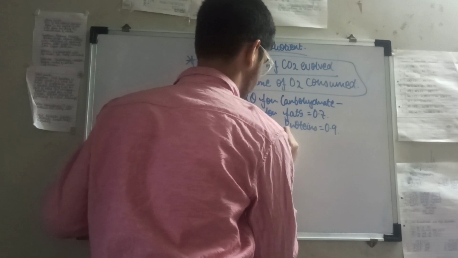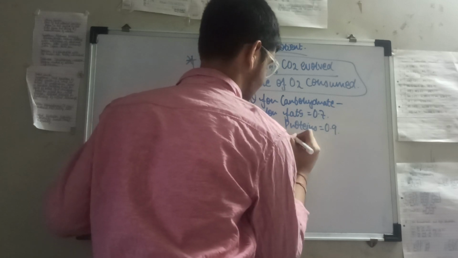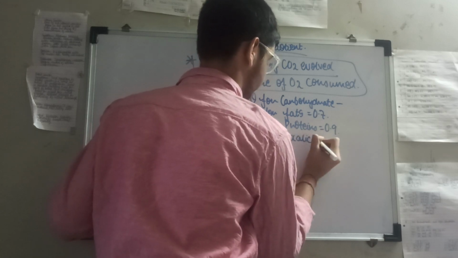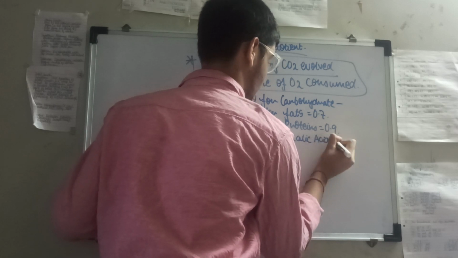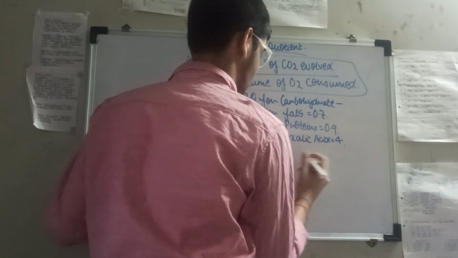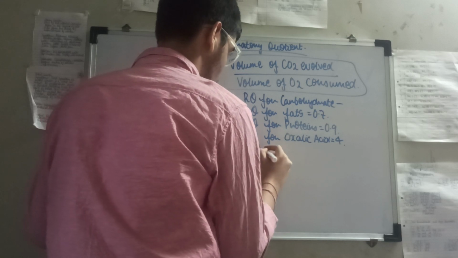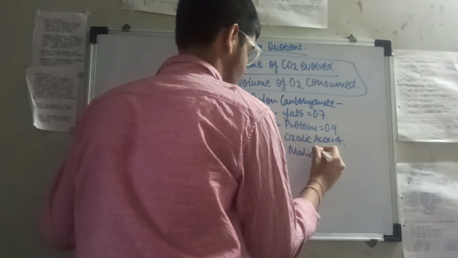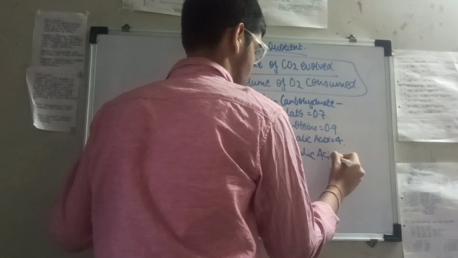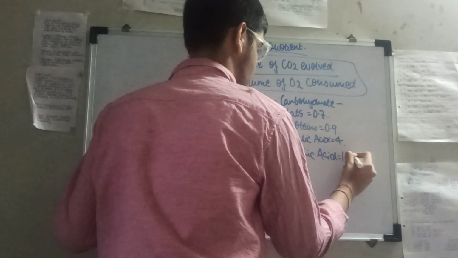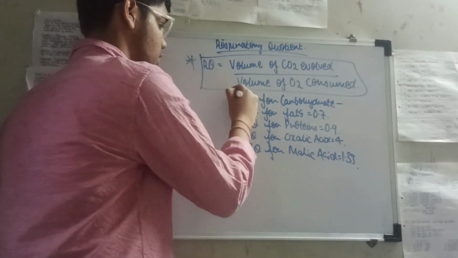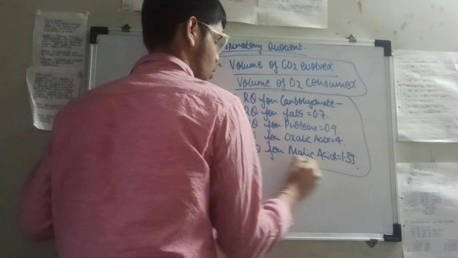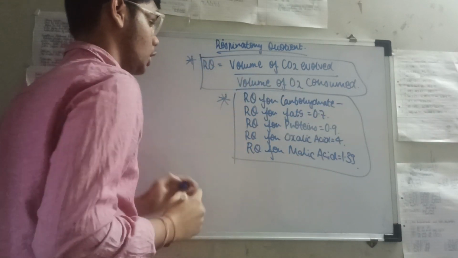RQ for oxalic acid is 4, that is quite large. RQ for malic acid is 1.33. These are some important RQ values which you have to remember.